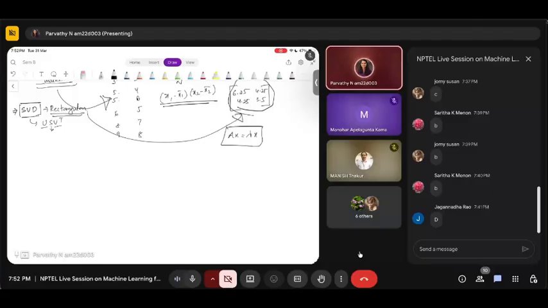Now, there are some steps that we always do, like we subtract the mean. So we center the data because we want all features to have a mean of 0. And then we apply the singular value decomposition.